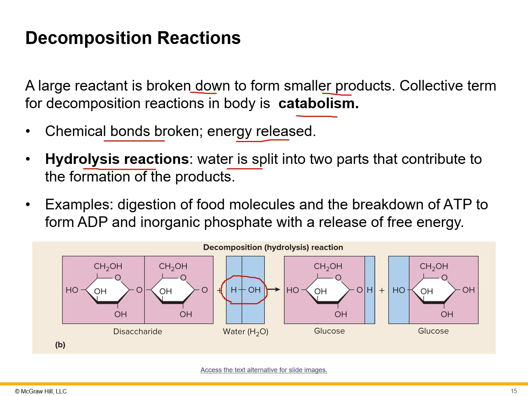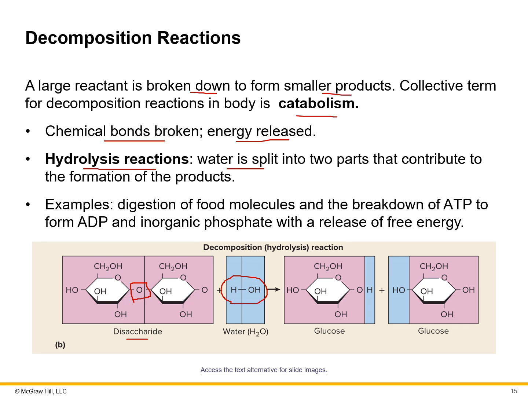So we're splitting the water into two parts in order to form the final product. In this case, we have a disaccharide, which has two sugars, like two glucose molecules, for example. And this is the bond that we are ultimately going to be breaking. So we want to break this bond to release energy.